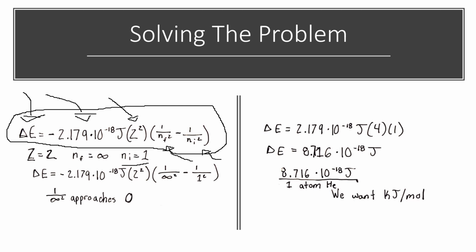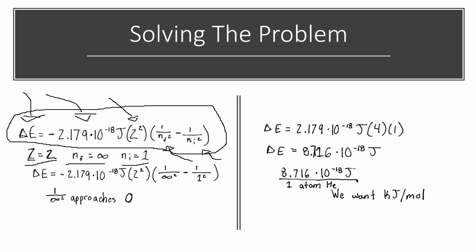So Ni equals 1. And then Z is 2 because helium has 2 protons. And NF, the final shell, is going to be infinity because the electron is just leaving the atom and has no contact with the nucleus anymore.